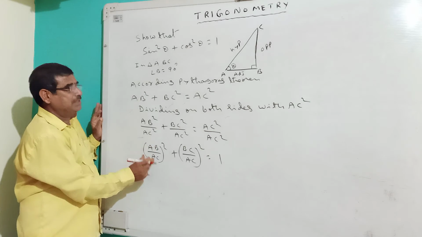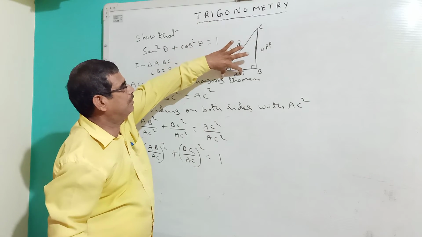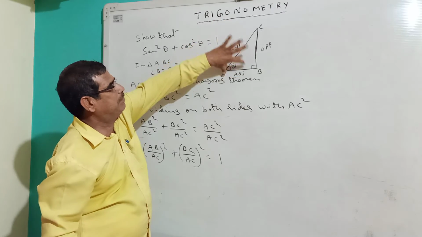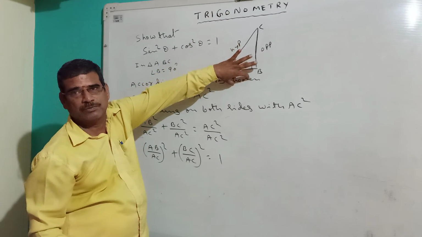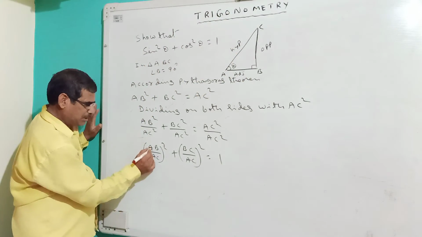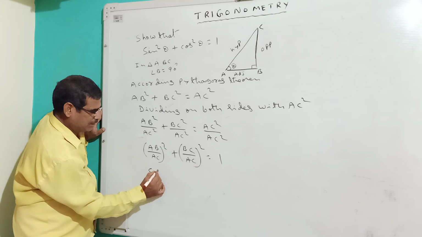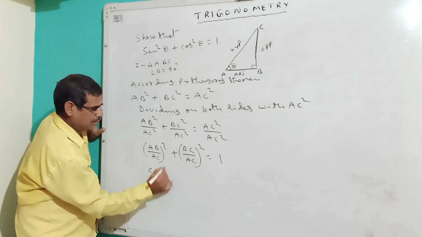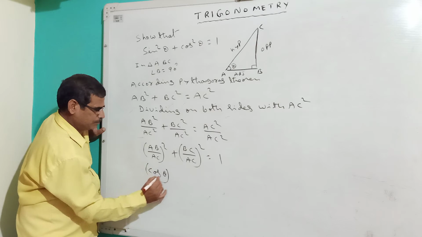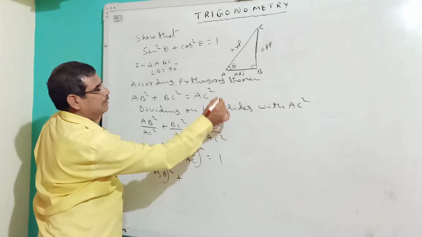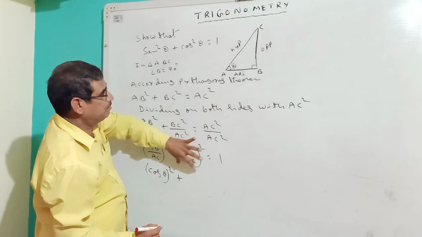Here we know AB by AC means cos, adjacent by hypotenuse. So instead of writing this one, I am writing cos theta whole square, plus this is BC by AC.